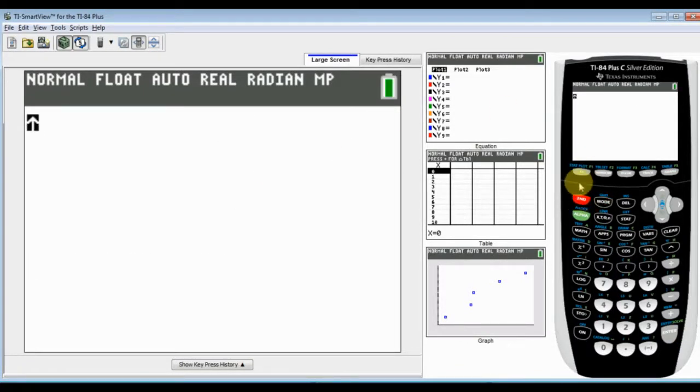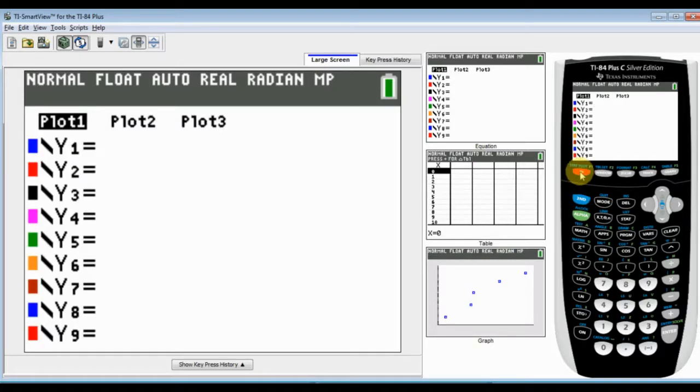So firstly, get to y equals. Notice I have plot 1 on. I'm going to turn that off because I'm not in stats anymore. Now I'm going to put this function in. Do not use t, use x.